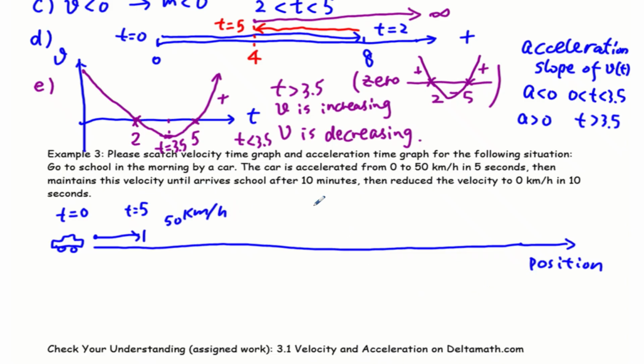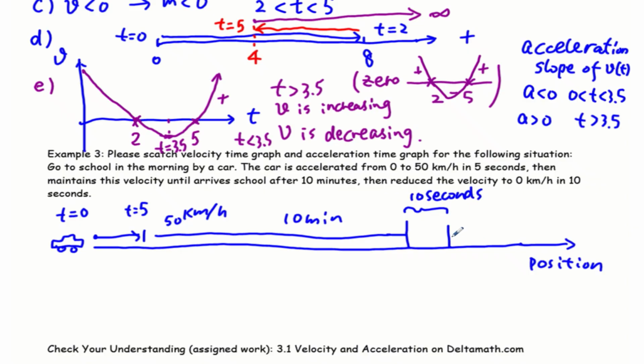Then after that, it maintains this velocity for 10 minutes. Then it reduces the velocity to 0 in 10 seconds. It's 0 km per hour.